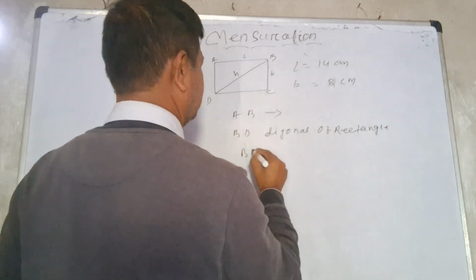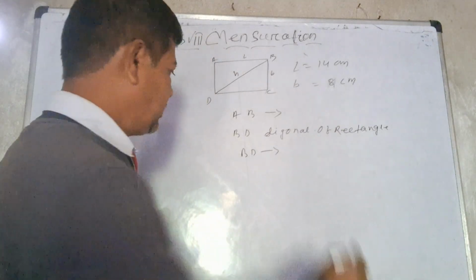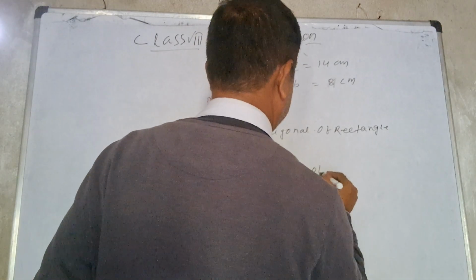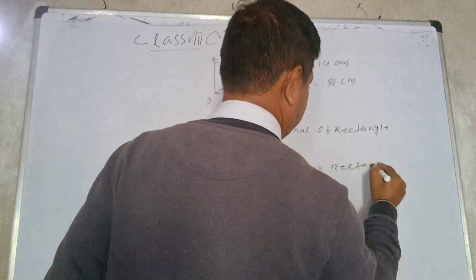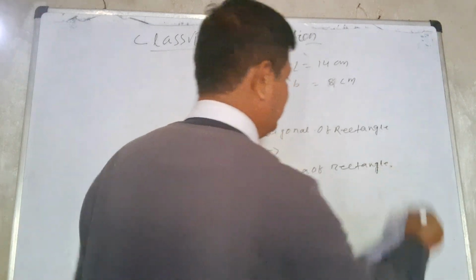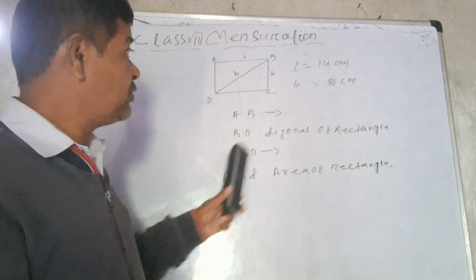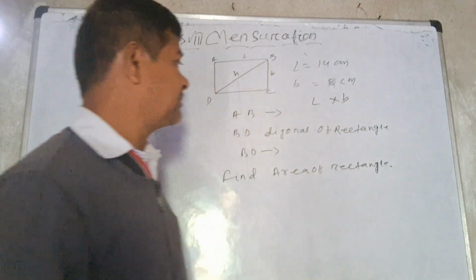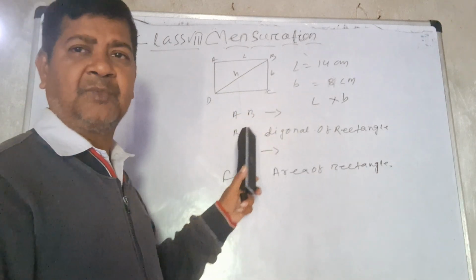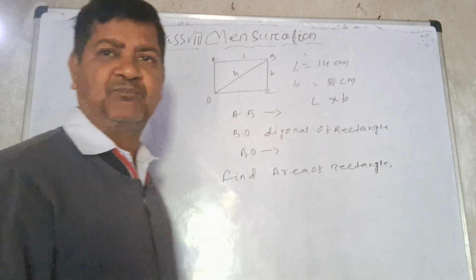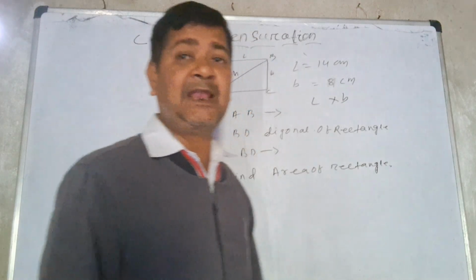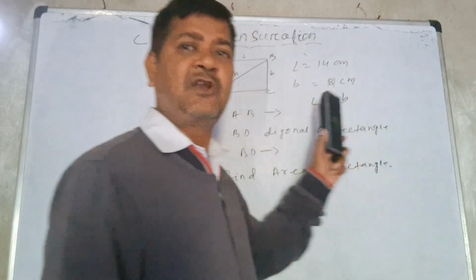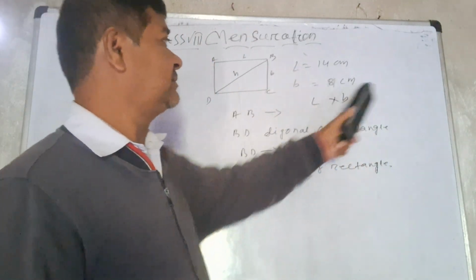You have to find the area of the rectangle. The formula is L into B, length into breadth. But here breadth is not given, only the length and the diagonal. So first you will be able to find the breadth of the rectangle. Then the area.